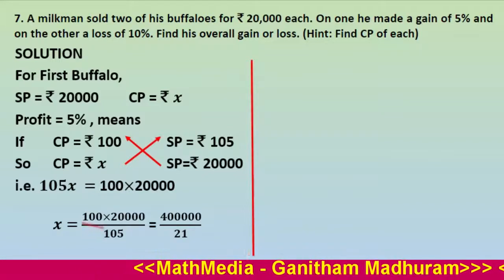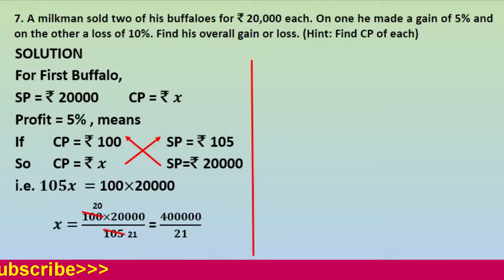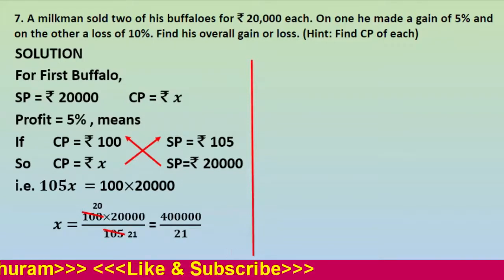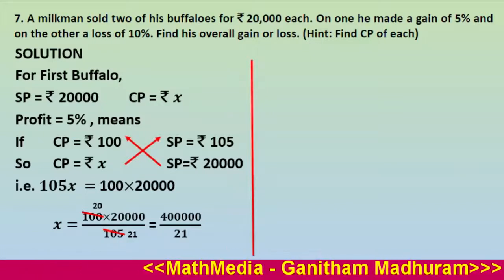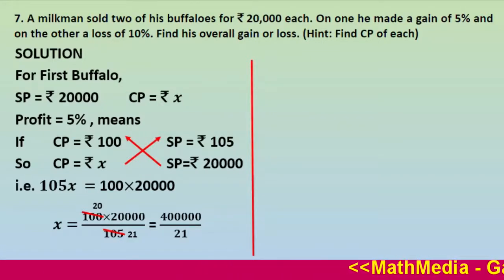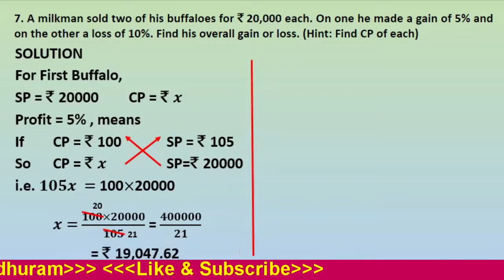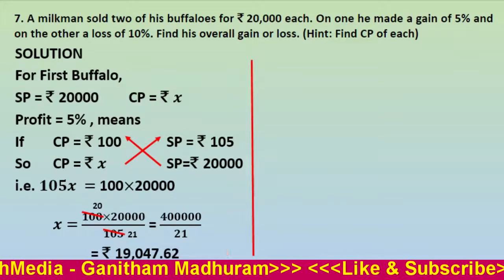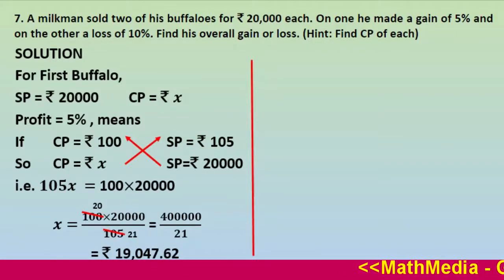We can cancel 100 and 105 by 5. So we get 20 and 21 in the numerator and denominator respectively. While multiplying we get 4 lakh upon 21. While dividing we get rupees 19,047.62. This is the CP of the first buffalo.